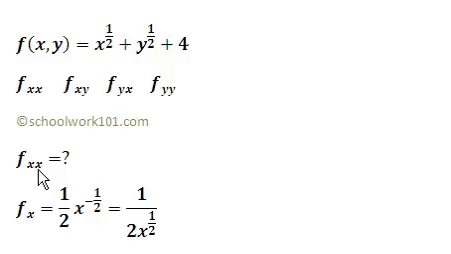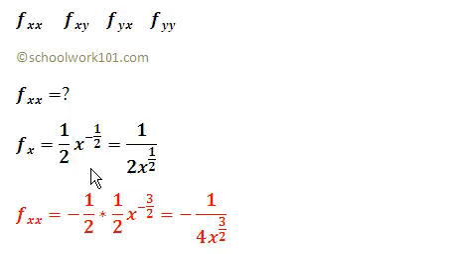We still need to take the derivative again with respect to x. Let's scroll down and see what I've done. Okay, if we're going to take the derivative of this again with respect to x, we don't need to rewrite it like this. Keep it written as such. So now we're going to take this negative a half, bring it out front, times the coefficient, and subtracting 1 from the negative half, which becomes negative 3 halves.